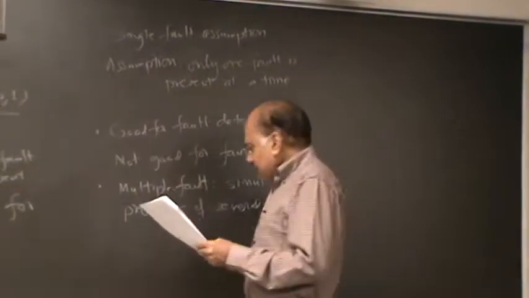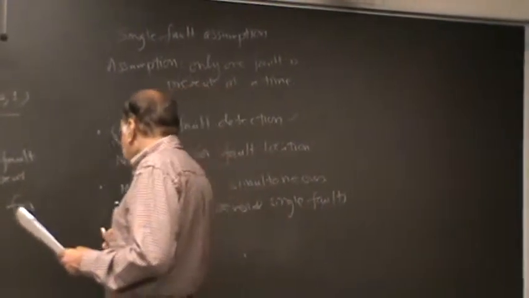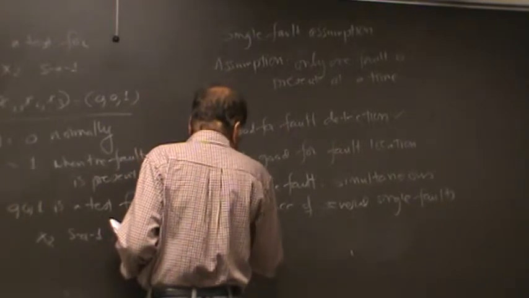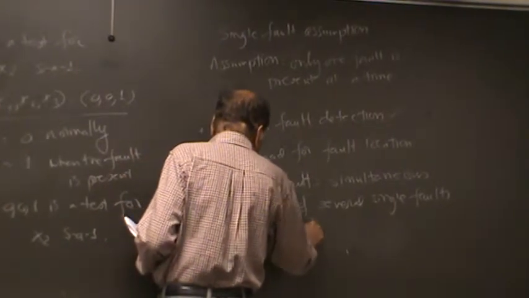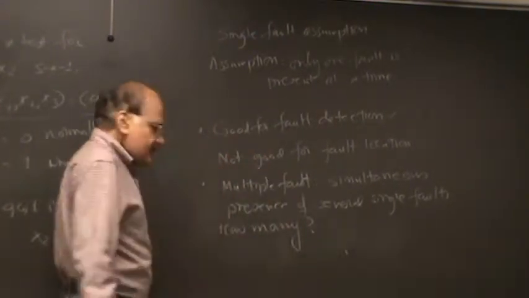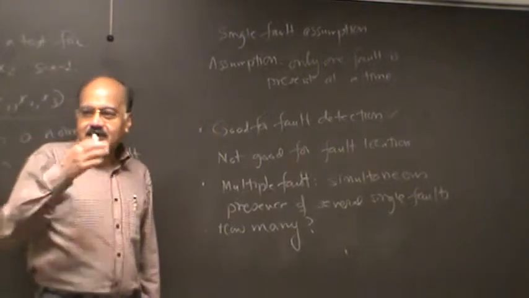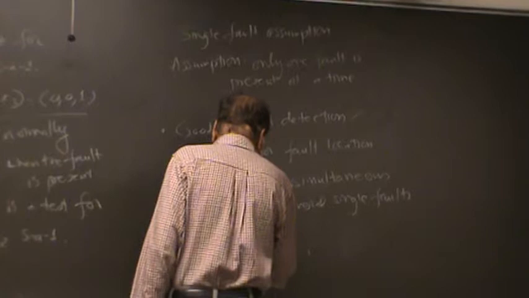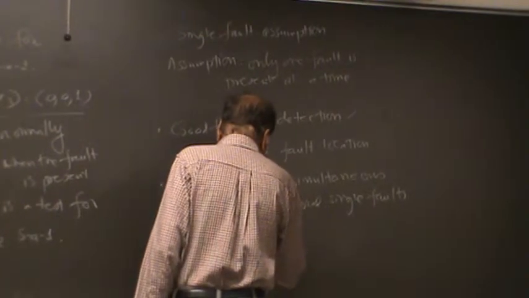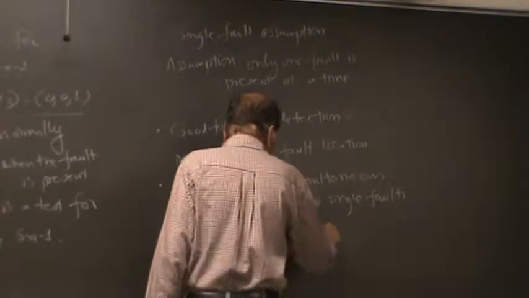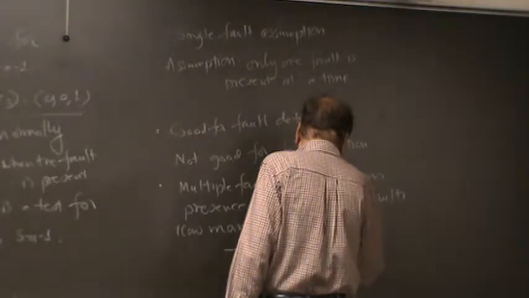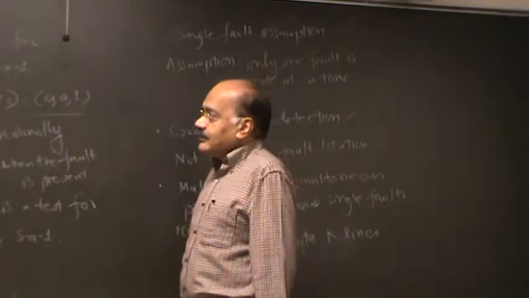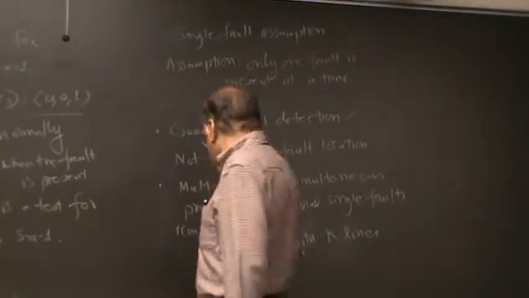Now, the problem of multiple faults is how many multiple faults you can have in the circuit. Let us say you have a circuit with k lines, just like in that circuit we had a number of independent lines.